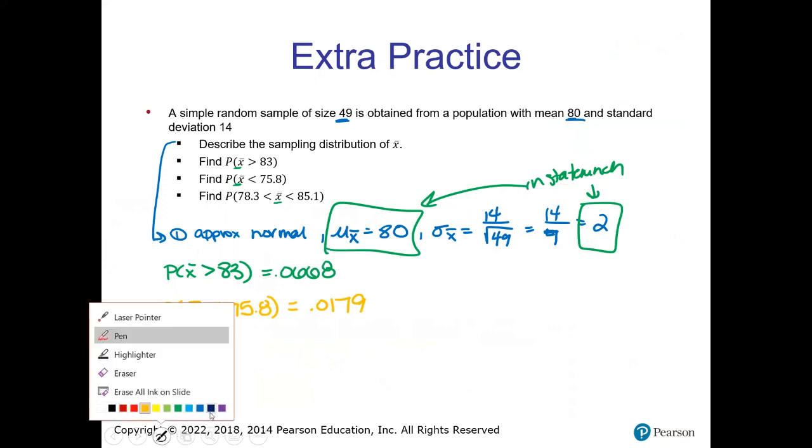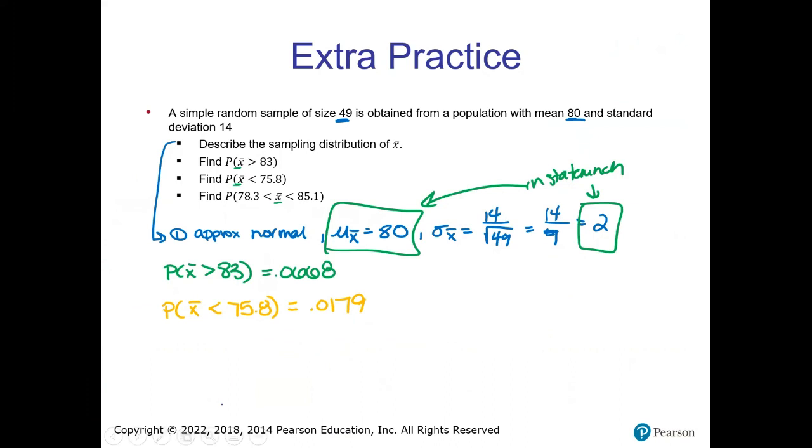And again, this should look really familiar to what we were just doing in chapter 7. The only difference is you have to do this first step of describing my sample distribution first. The last one then is a between, 78.3 and 85.1.